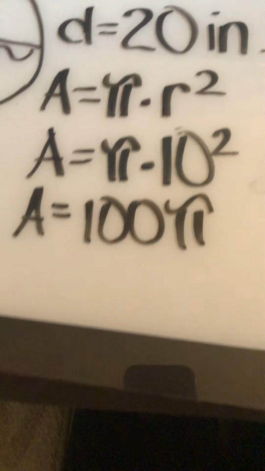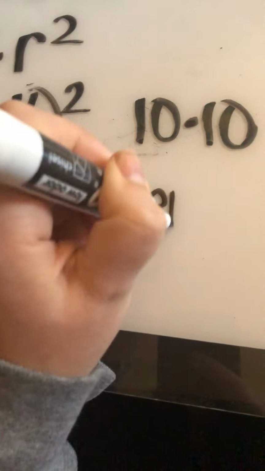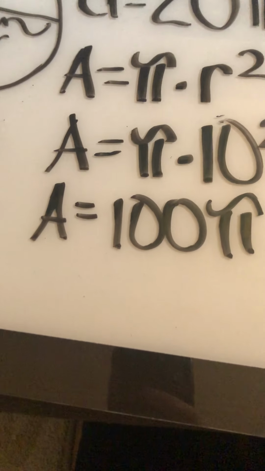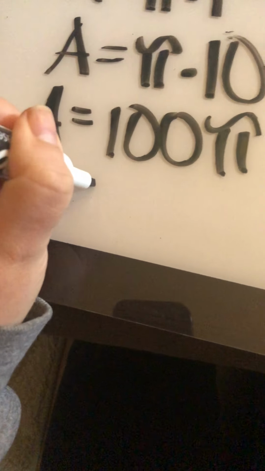Okay, so again, if you remember yesterday, we talked about how this is our answer in terms of pi. And then when we want to take it out of pi, we put that in our calculator, we solve it, and I know this answer already because I saw it multiple times on your work.